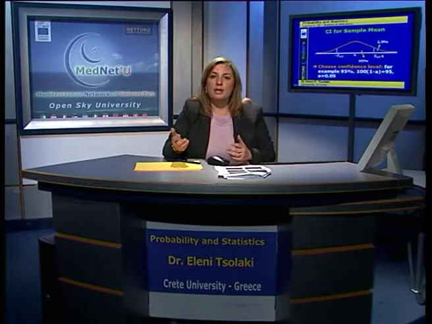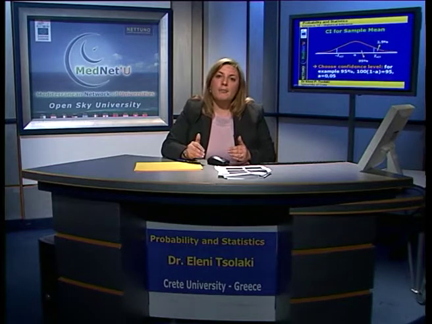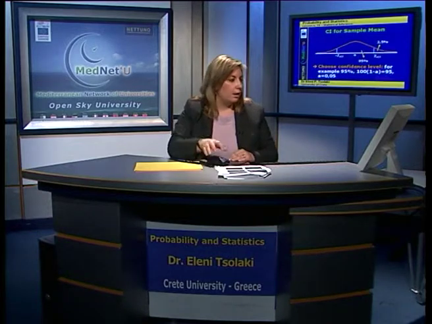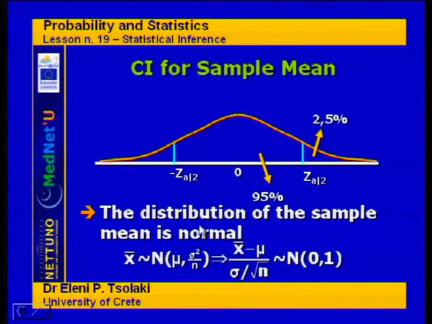Now this point, as we have seen when we saw the normal distribution, can be found in statistical tables. Now, the distribution of the sample mean is normal, as we have seen from the central limit theorem. We can, as before, subtract the mean and divide by the standard deviation.